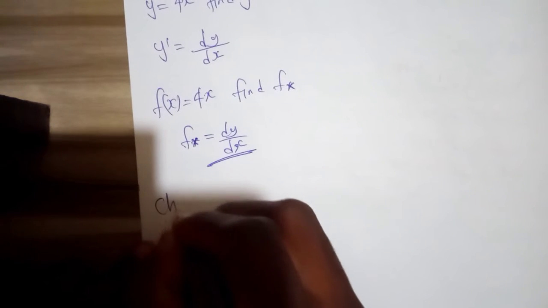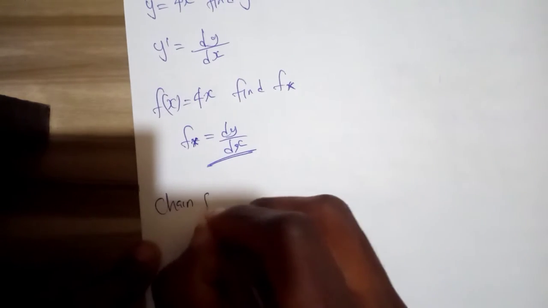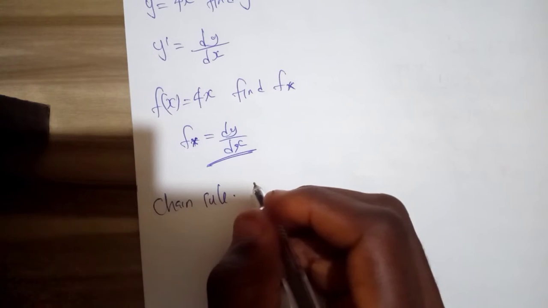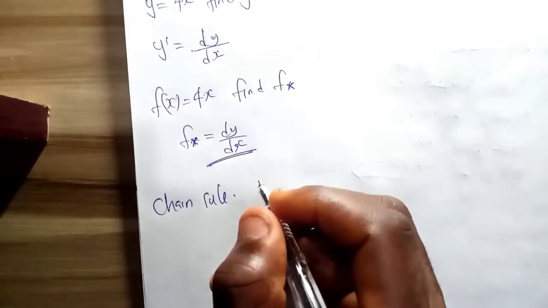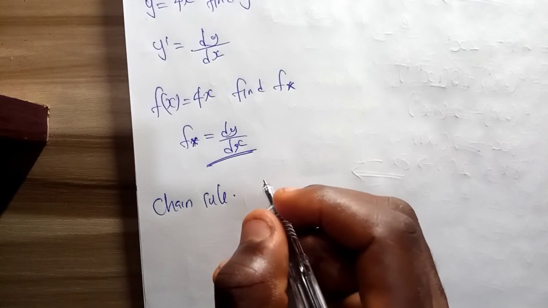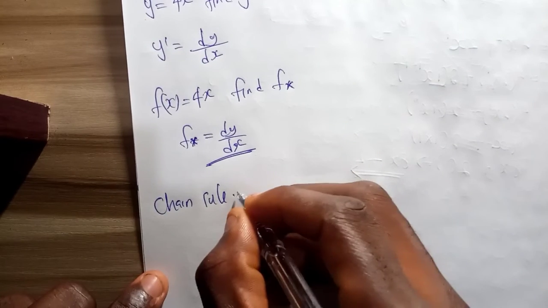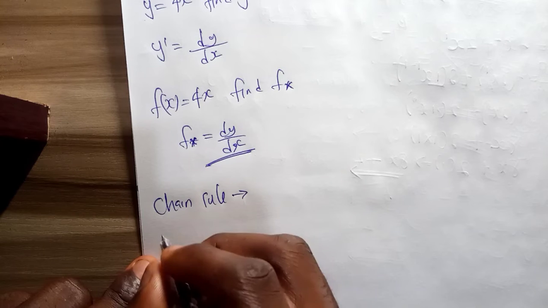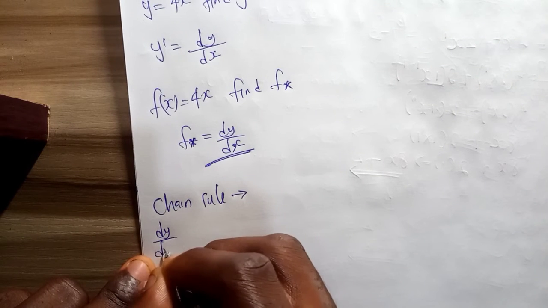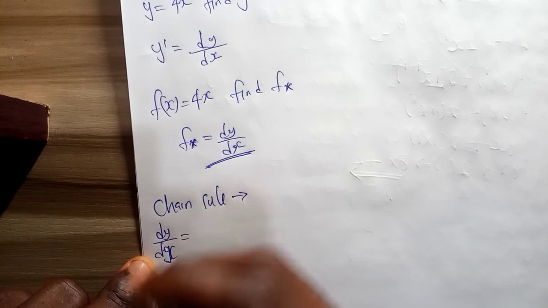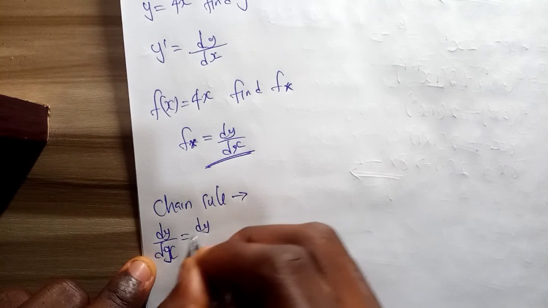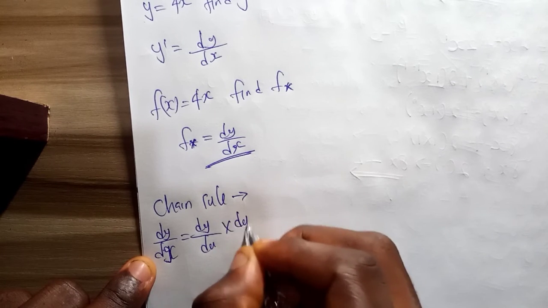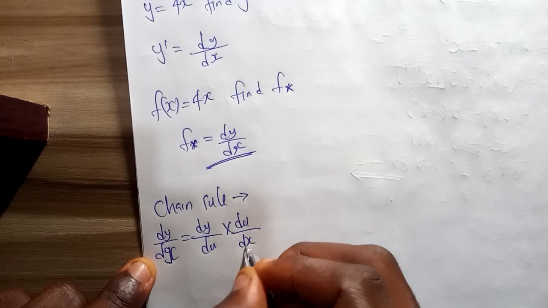Now chain rule is the same thing as saying function of a function. Let's say you have dy/dx and you want to use chain rule. That will be dy/du times du/dx.